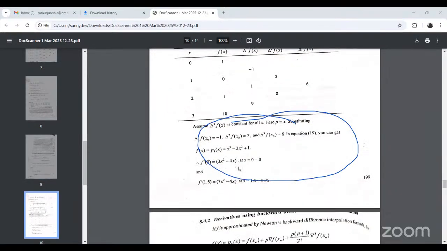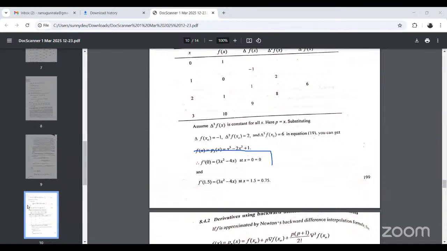So we are getting the first derivative polynomial.